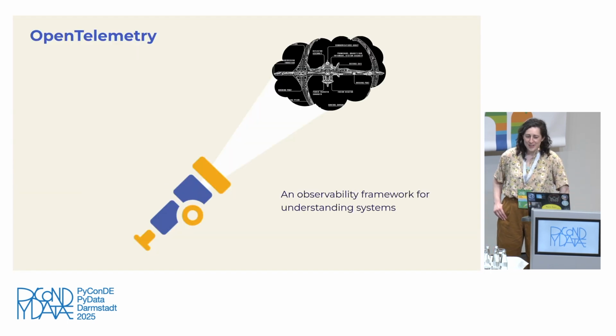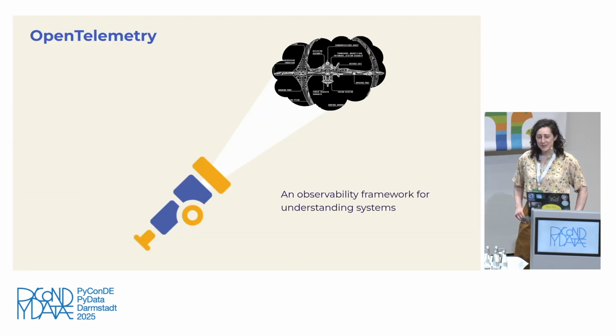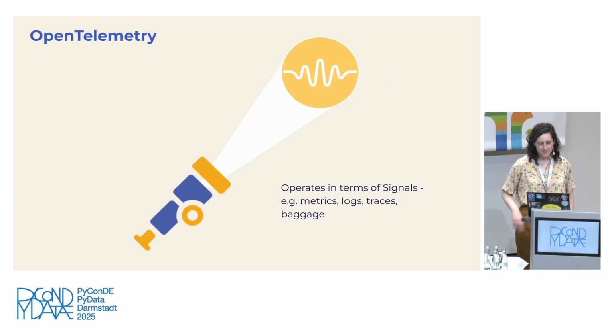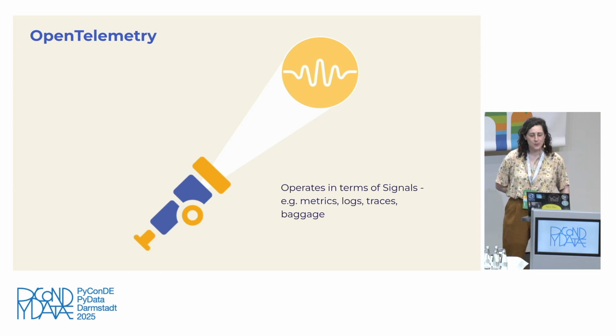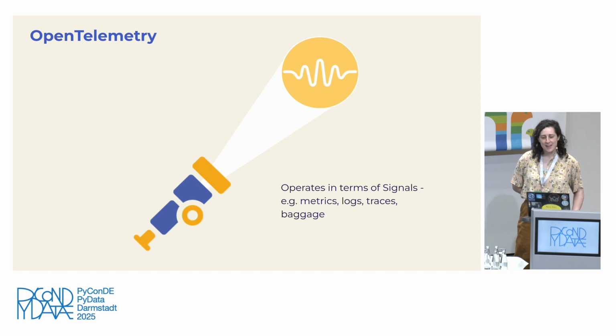At its core, OpenTelemetry is an open source observability framework that provides a so-called golden path for instrumentation and observability. It provides a standardized way to collect and process telemetry data. It categorizes telemetry data in terms of signals, so metrics, logs, and traces are all examples of signals.